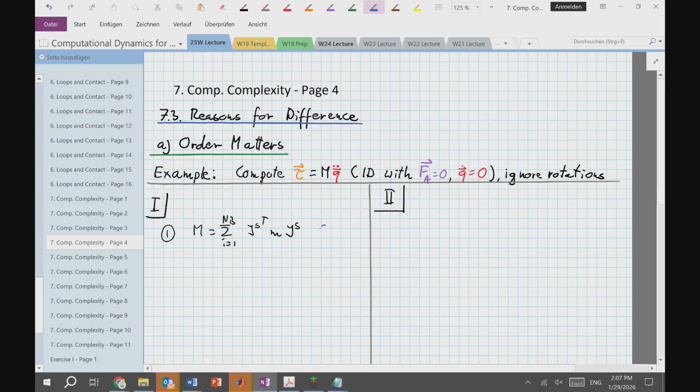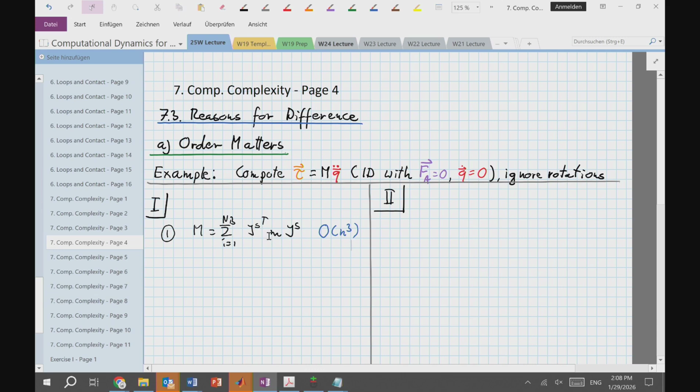And we said doing this requires 3 nested for loops. I have here a partial mass matrix where each element of that partial mass matrix is basically 3 components of this Jacobian in a dot product with 3 components of that Jacobian and scaled with mass.